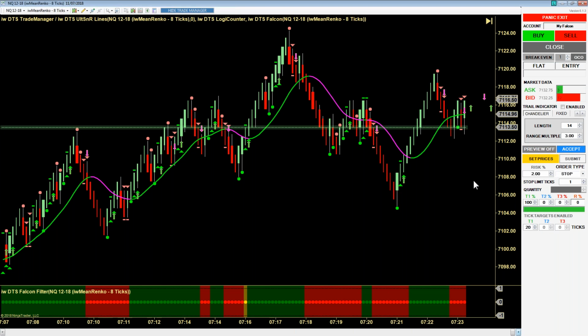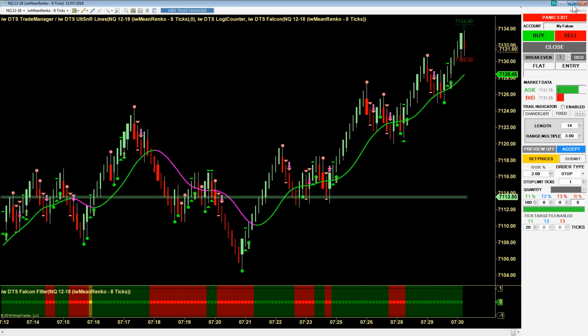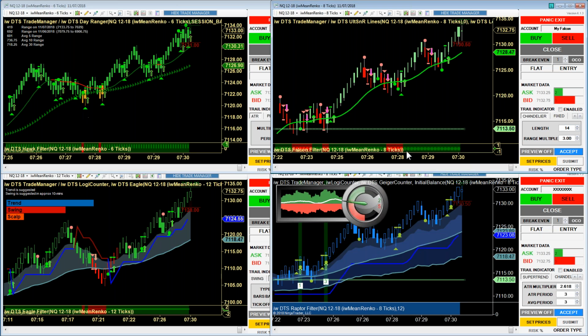So we get the trend change signal, just happened to coincide with a late filter entry. So your number one signal, a lot of times on your Raptor, will coincide with a first micro macro cross or a trend change signal on the Falcon.